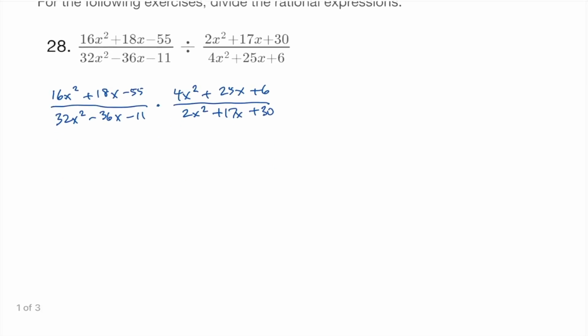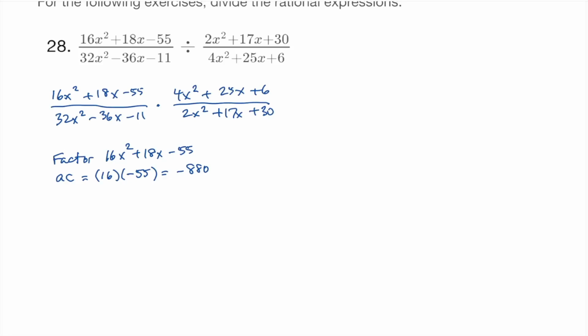So we're going to factor 16x squared plus 18x minus 55. We have to use grouping or some other method because we have a leading coefficient. If we factor by grouping, we take a times c. That's 16 times minus 55, which is minus 880.